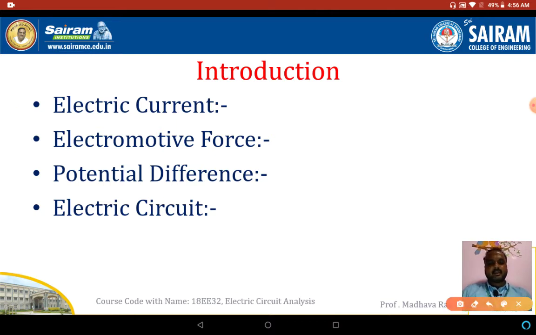Coming to the second definition, what is meant by electromotive force? The energy required for the movement of charge from one place or position to another is called electromotive force.